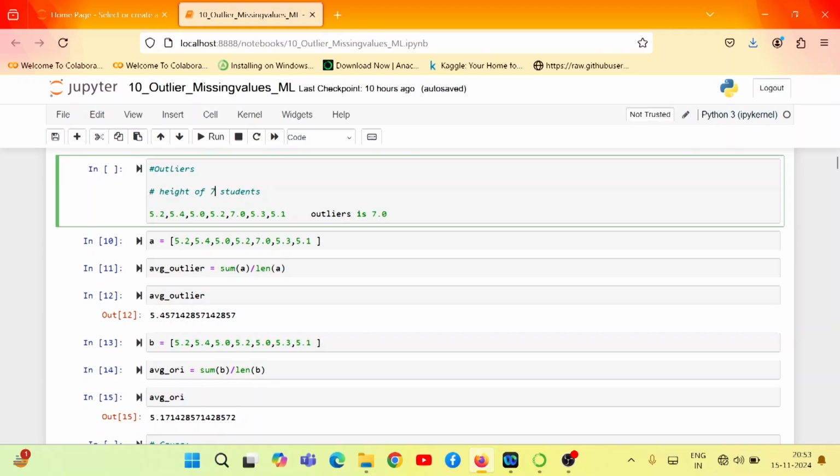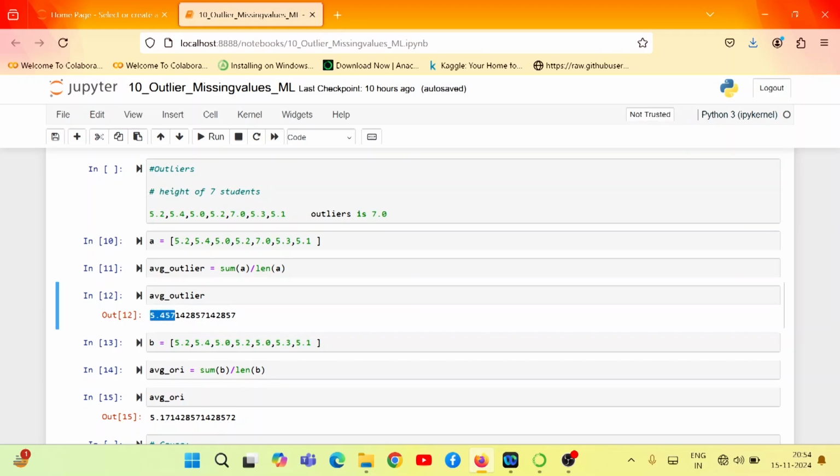I'm trying to find out the average height of these 7 students, right? So we add all these numbers and divide by the length. If you print it, the average height comes to around 5.5 feet, which is not very appropriate for a 10th standard student.